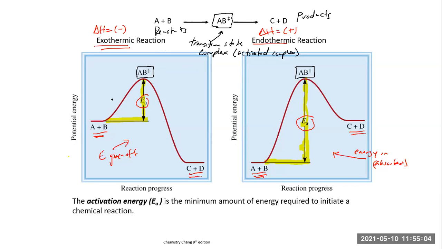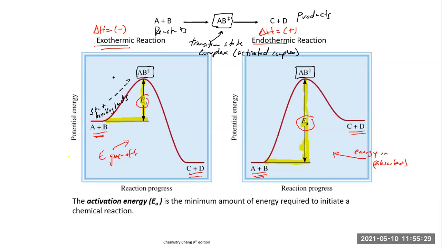Well, typically, as this reaction starts to proceed, what we need to do is start breaking some bonds, right? As the reaction starts, we're going to start breaking these bonds. It's going to work its way up the hill, breaking bonds.